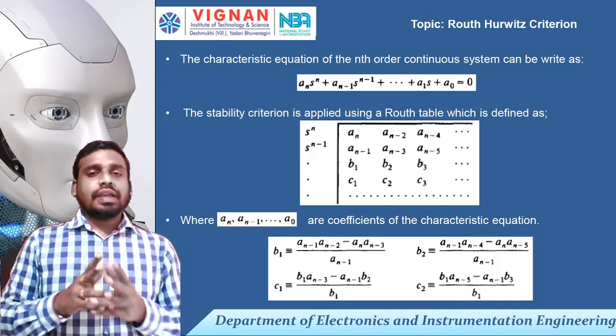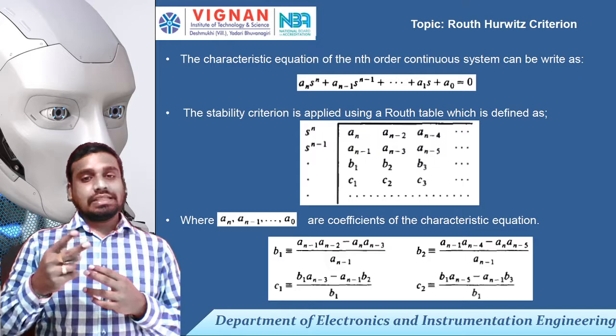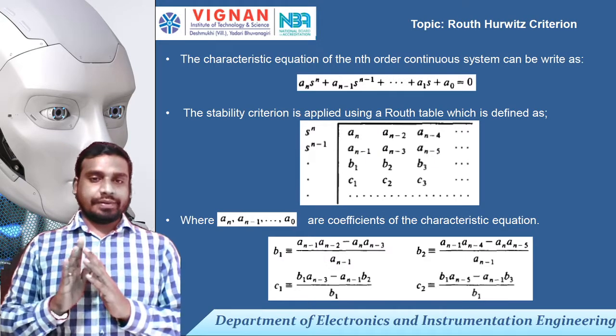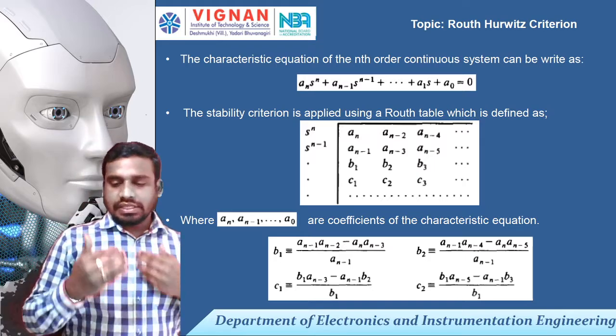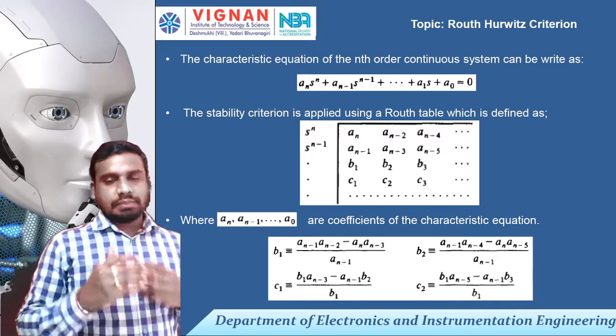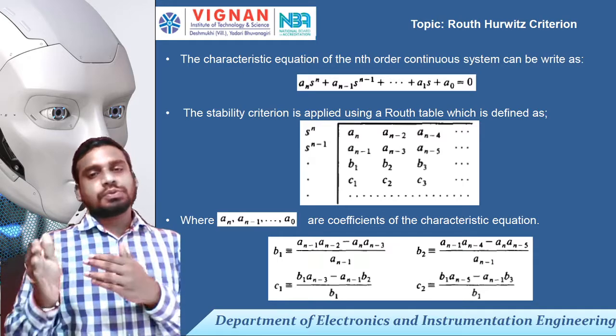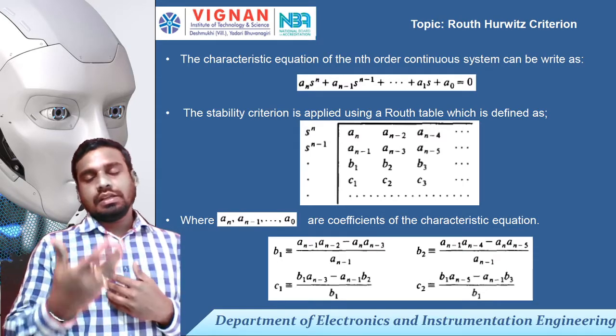Then you have two sign changes. Therefore, you have two roots on the right half of the s plane. These things we need to remember because the method proposes it this way. These are the steps we have to remember to estimate the stability.